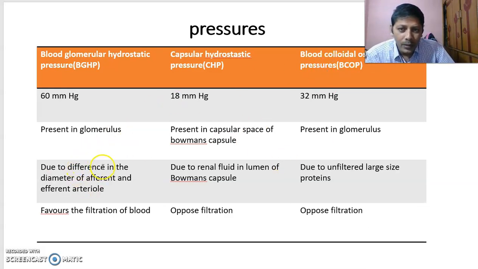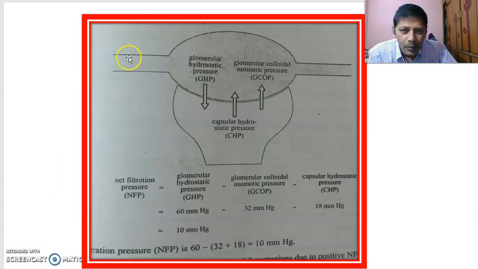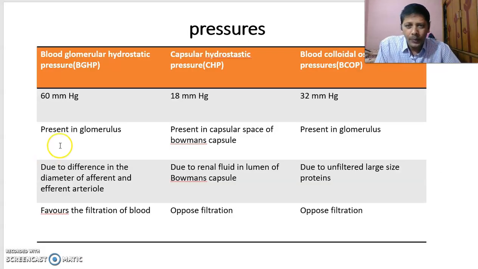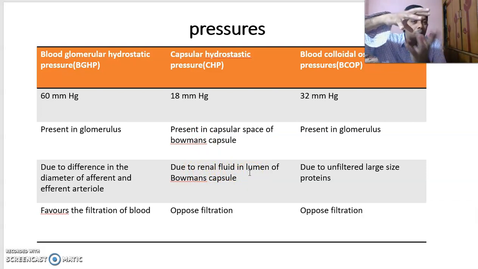Next, why does this pressure develop? The diameter of this is larger, and you can observe this is the smaller one. Due to the difference in the diameter of the afferent and efferent arterioles, pressure develops here. So glomerular hydrostatic pressure develops due to the difference in the diameter of the afferent and efferent arterioles. And this pressure is due to renal fluid in the lumen of the Bowman's capsule, which exerts an upward pressure.